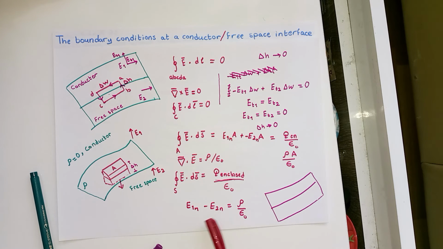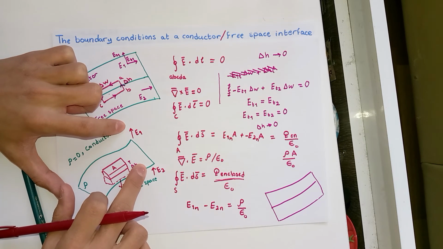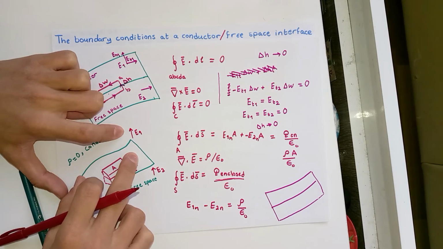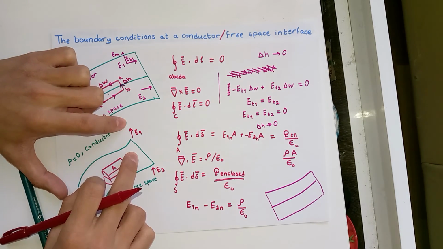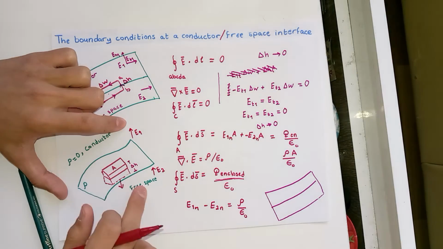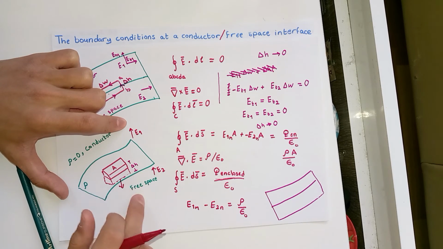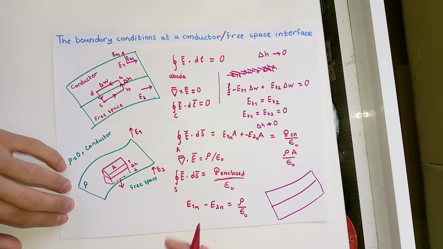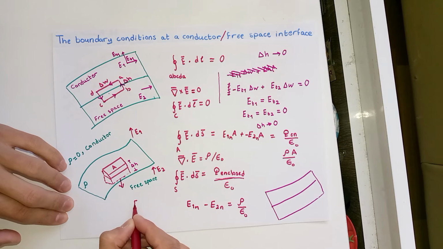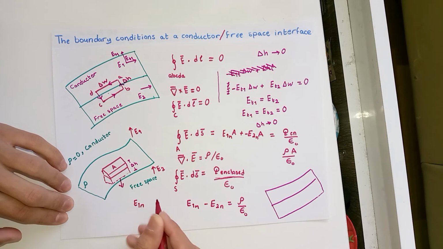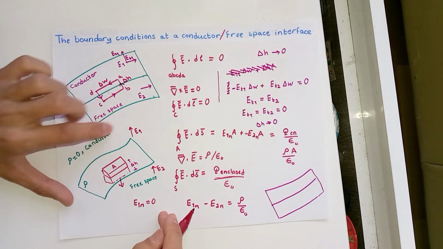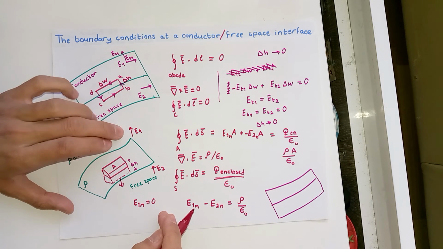We have a discontinuity in the normal components of the electric field. The field in the conductor is equal to 0, but it exists in the free space. Okay, and according to this conclusion, I will make E1 sub n equal to 0, which is the normal component inside conductors. We said that inside a conductor we have no electric field.